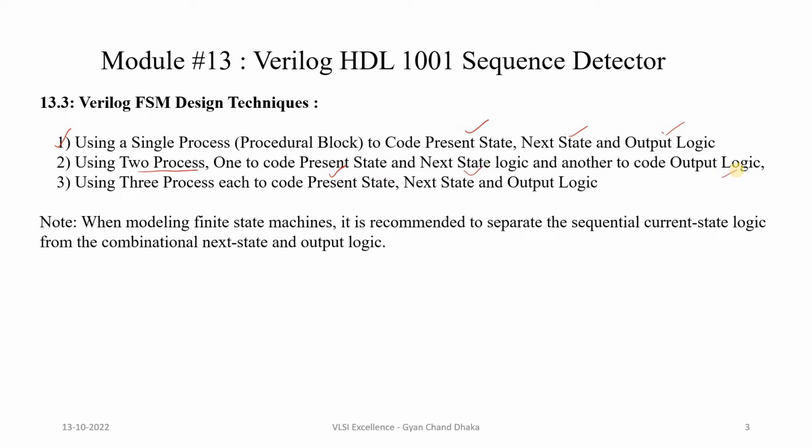The third technique is using three processes, where the present state, next state, and output logic use different processes. The recommended technique is to use three separate processes to code the current state logic, the next state logic, and the output logic.